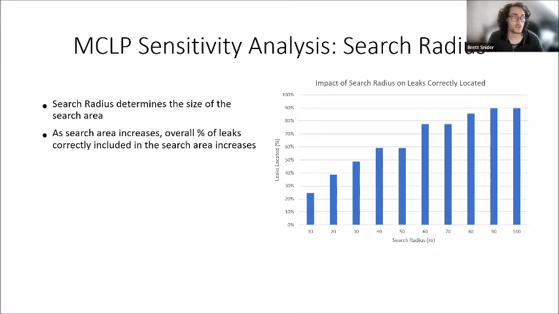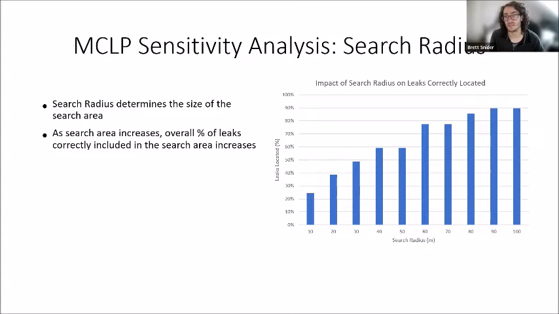For example, some utilities may be able to search a 50-meter radius or 100-meter diameter in a certain amount of time that they are comfortable with in locating the anomaly. So based on their preference in location times, we can develop search radiuses to match that preference.